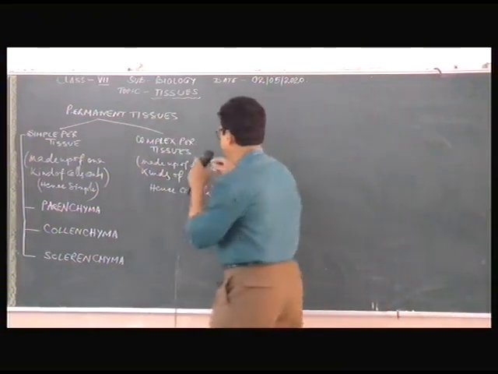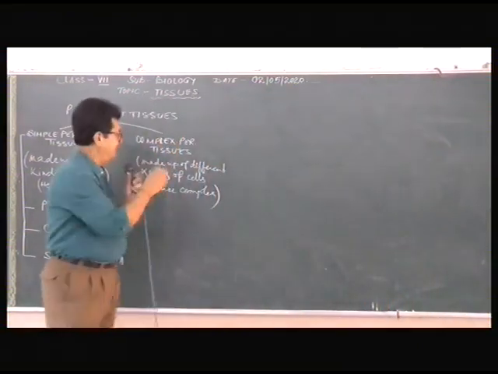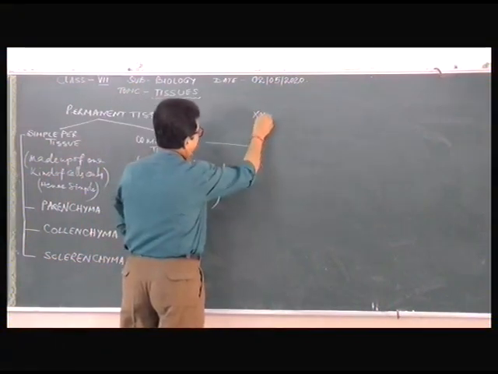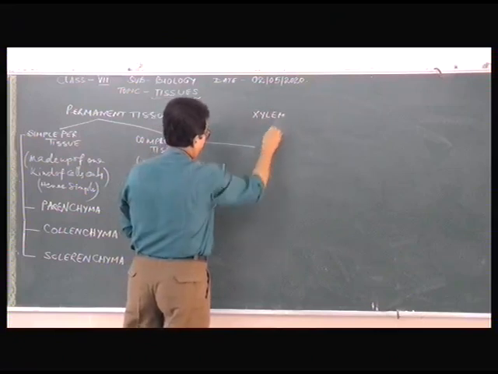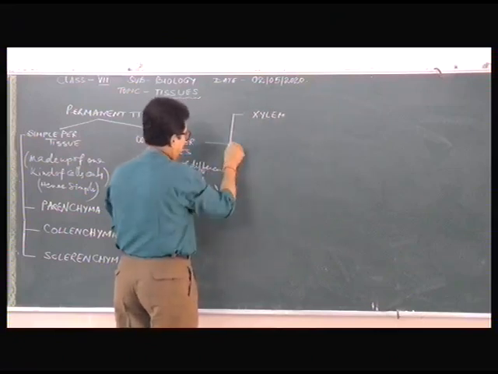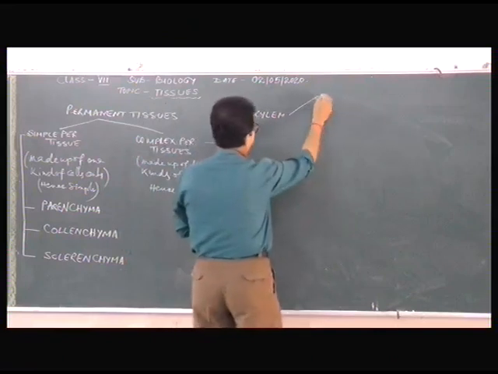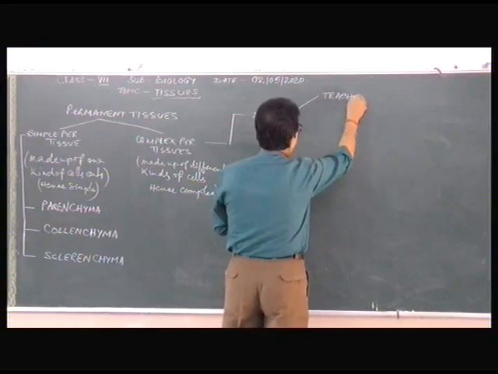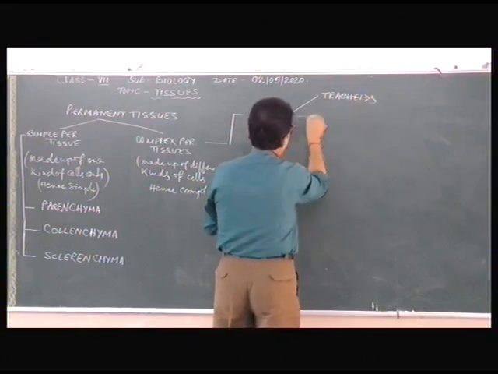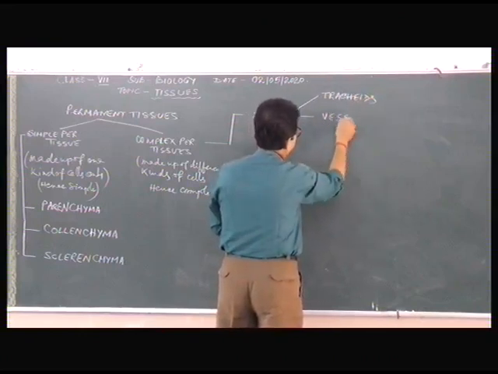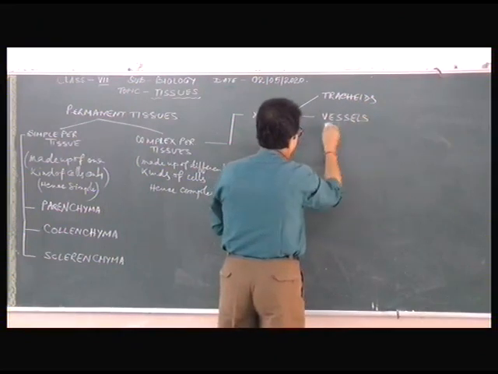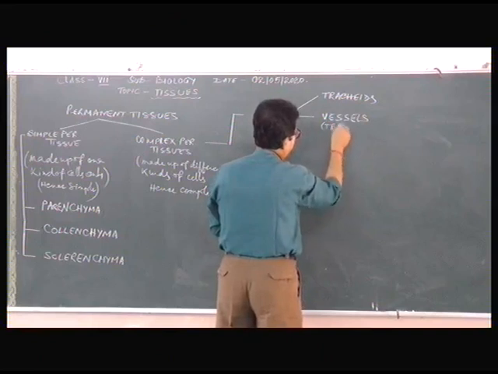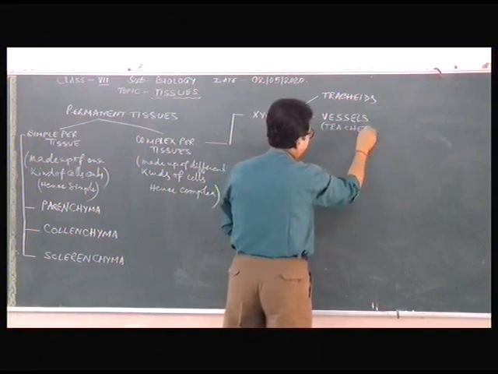On the other hand, complex permanent tissues, there are two. Xylem has four elements: xylem tracheids, xylem vessels, these are called trachea as well. Trachea is singular.